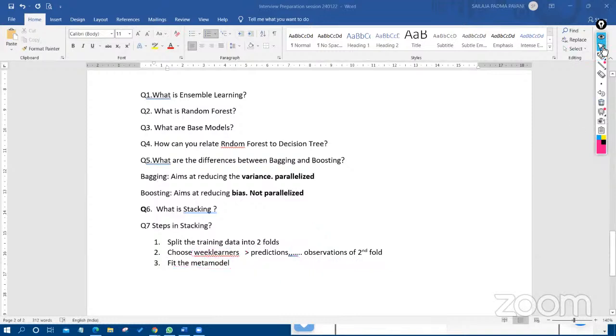Yeah. Now let's see. Yes, Ashish, it is a data split.